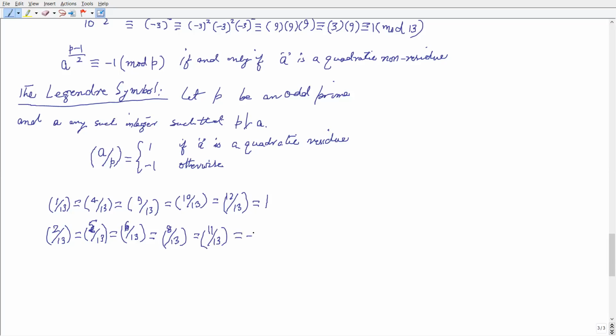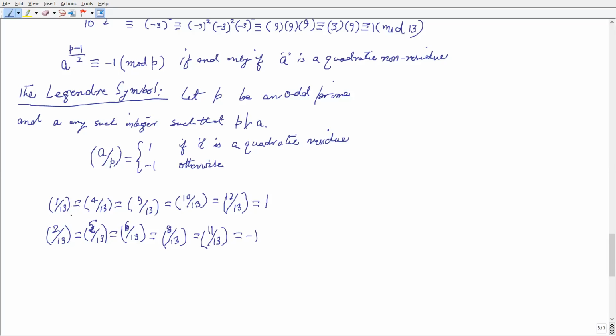So the Legendre symbol of those values is -1. And we have 3 as well, so the Legendre symbol of 3 by 13 is 1, and so on.